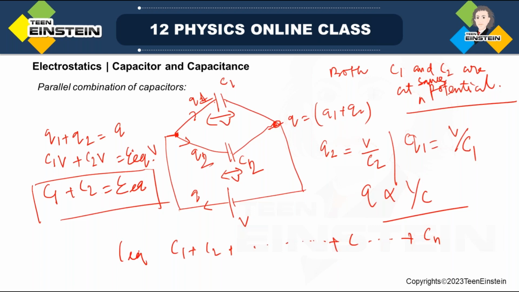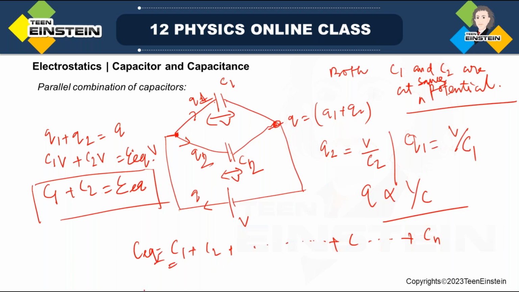This is the equivalent capacitance for the parallel combination of capacitors.